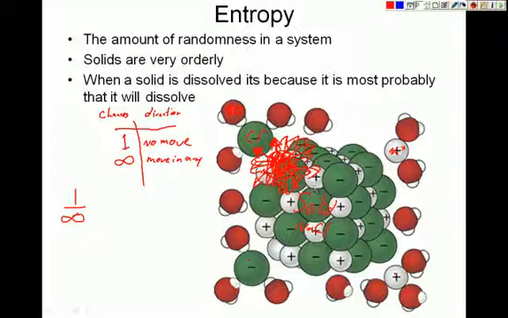And this whole process, this chance, is called entropy. That it is more likely for it to move in any direction than to stay in the same location. And that chance, that randomness, causes this to dissolve.